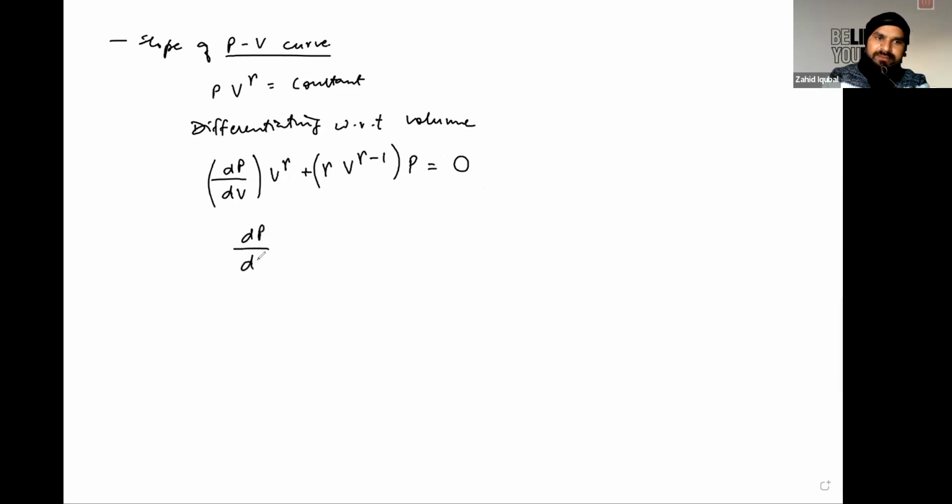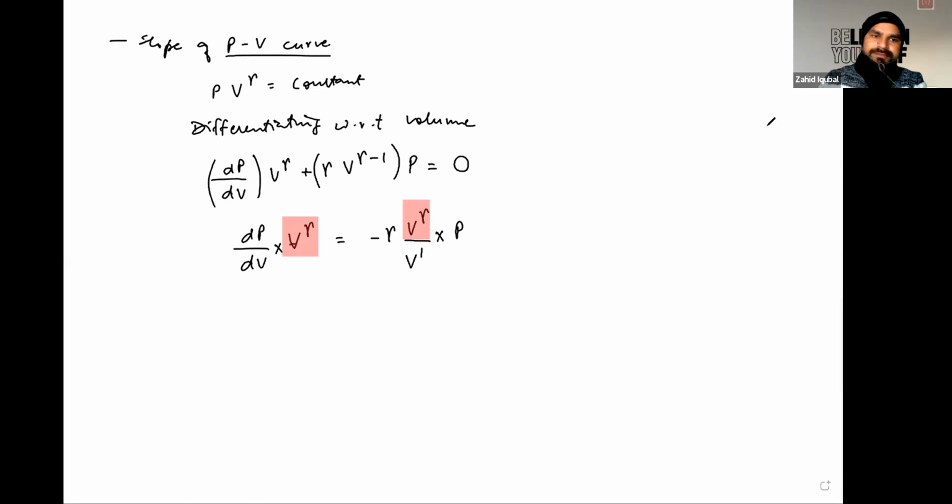So dP by dV multiplied by V to the power gamma equals minus gamma V to the power gamma and V to the power minus 1, which is written as V to the power plus 1 in the denominator, multiplied by P. Now in this expression, V to the power gamma and V to the power gamma will cancel out.